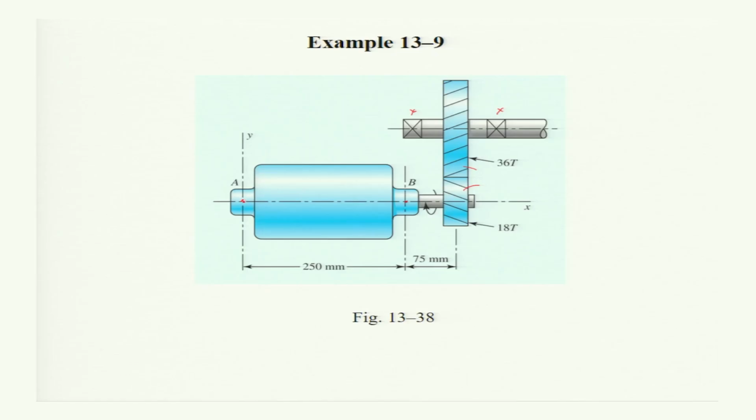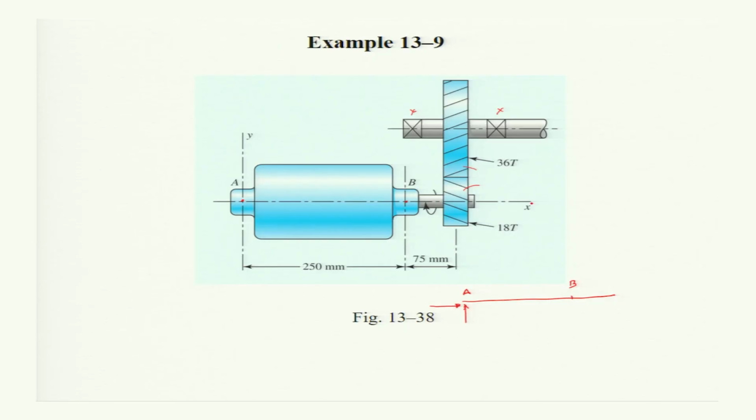So, when you draw the free body diagram of this shaft, there is a support at A and a support at B, and A is taking care of the thrust load, so at A there will be a reaction in the x direction.